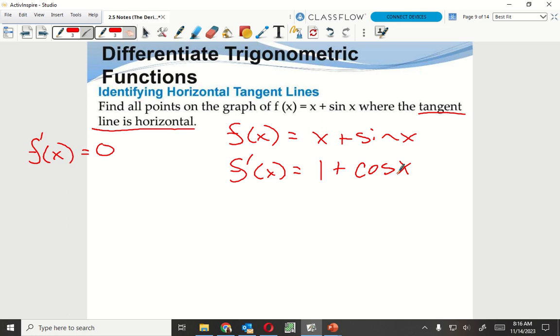So I am now going to set this equal to 0. That's important. So I'm trying to get the x by itself, right? So I'm going to start by doing what to this positive 1? Subtract it. So I'm going to get negative 1 is equal to cosine x, right?